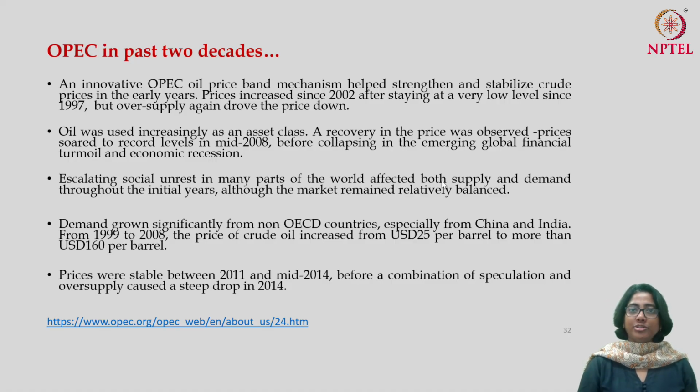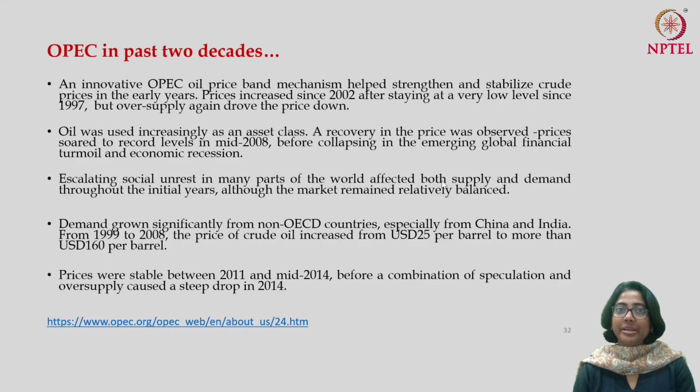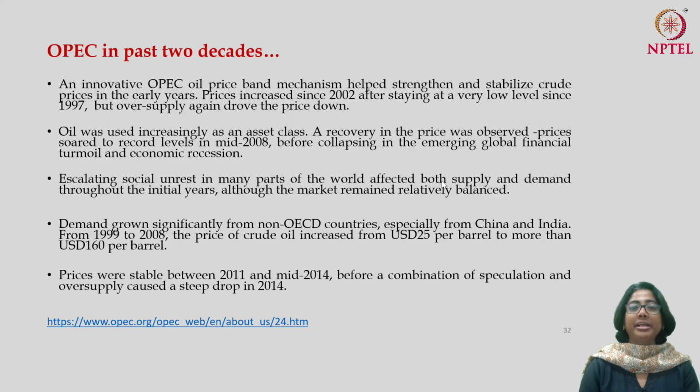So, if we want to summarize our discussion of OPEC behavior, we can see that OPEC actually marks a transition from agreements between some private oil companies to an agreement between nation states. And this is a much stronger agreement to have monopoly power in the world oil market for a very long period of time, not only with decisive power to supply, but also with decisive power to determine the price.